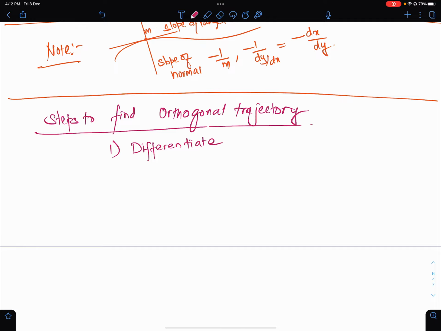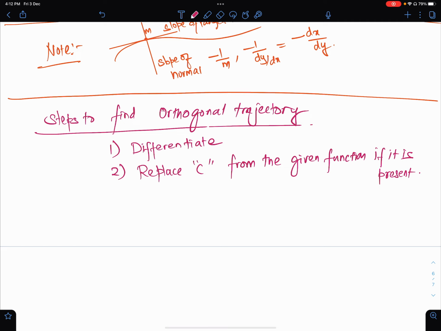The second one: replace c from the given function. After differentiation, if the arbitrary constant is present, replace it using the given function. Don't forget.